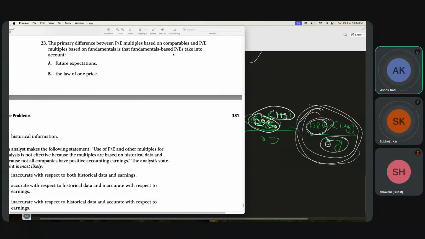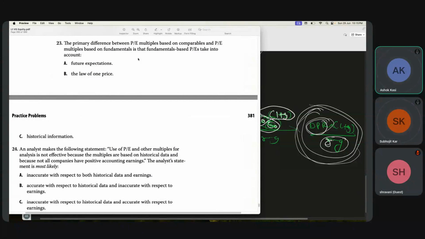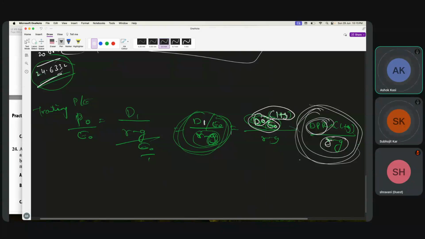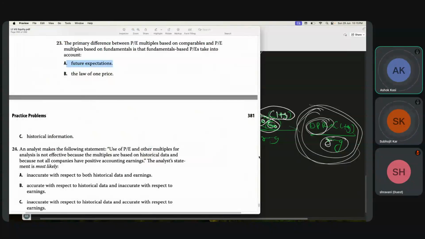The fundamental based P takes into account future expectations also, because I can also find the P ratio this way, dividing E1 on both sides. So future expectations can be included in the P ratio.